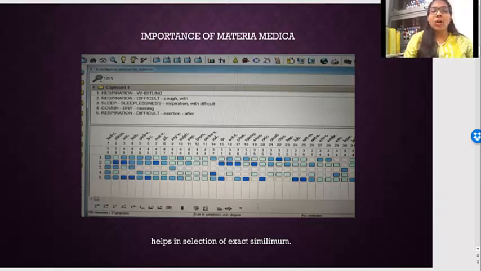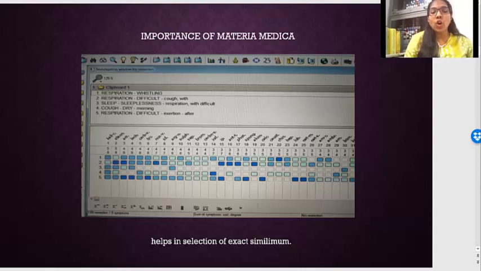So after taking all the rubrics in the repertory, we get n number of medicines like kali carb, stannum metallicum, arsenic, lachesis, carbo veg, argentum nitricum, bromium, antimony tart, etc.